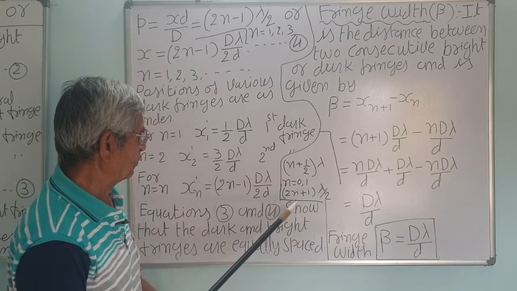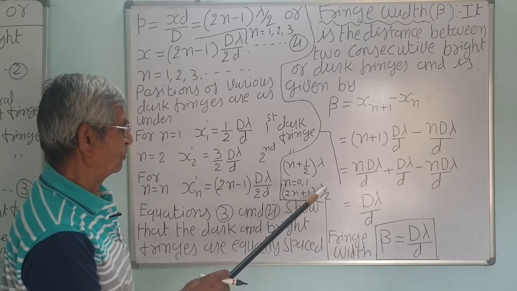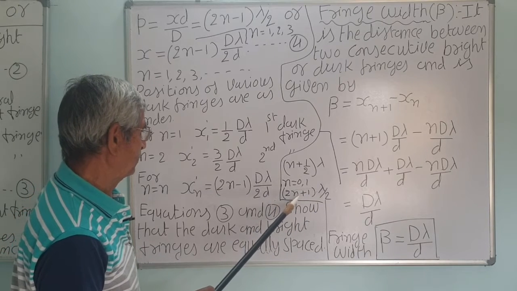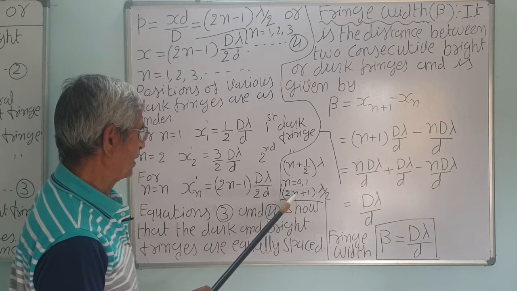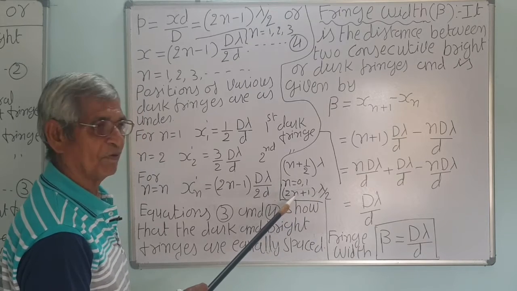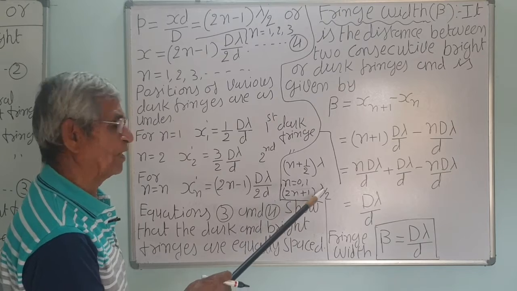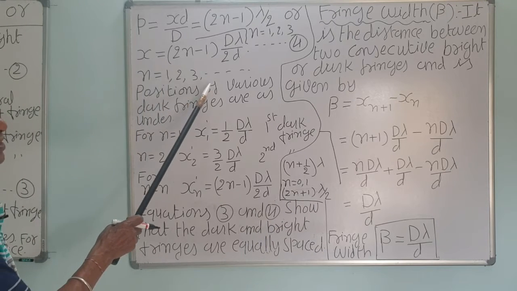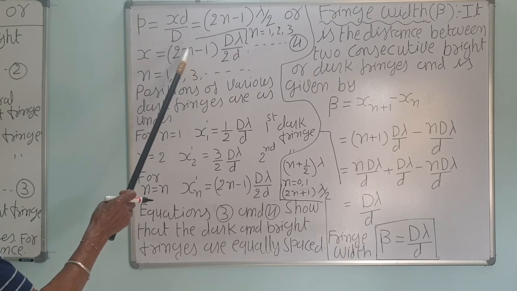When you put n equal to 0, then 1 into lambda by 2. If n is equal to 1, then it is 3 by 2 lambda. If n is equal to 2, then 5 by 2 lambda, and so on. Here also the same, but here n is equal to 1, 2, 3 if you write 2n minus 1.